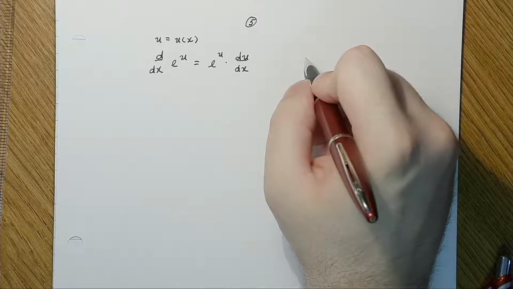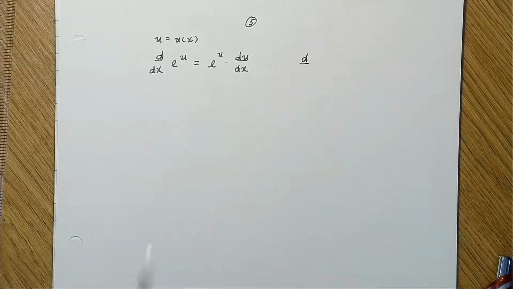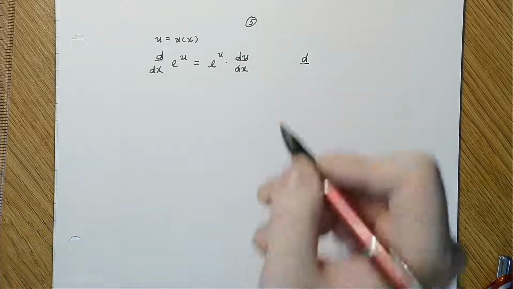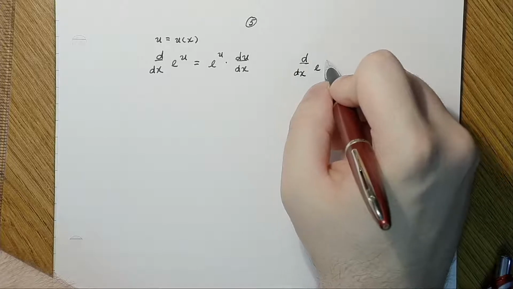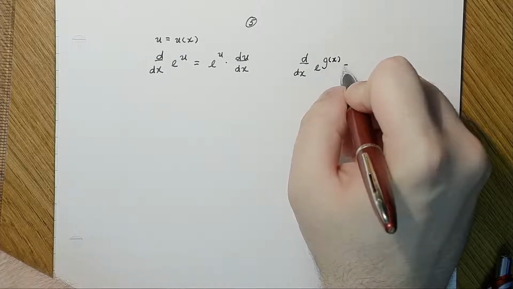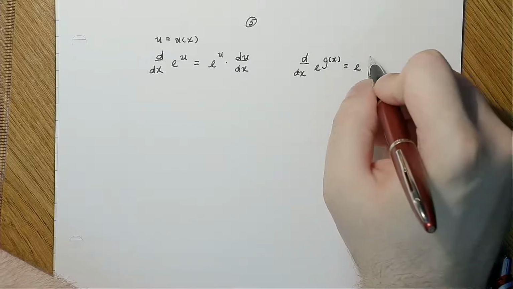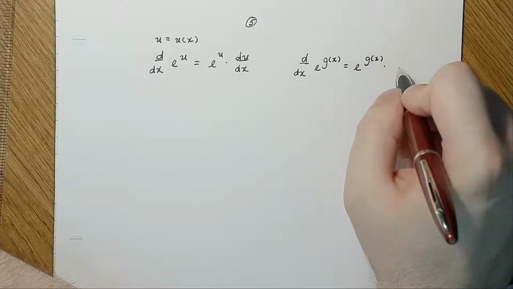Or if you prefer, I could rewrite this as: the derivative of e to the g of x is equal to e to the g of x times the derivative of g.